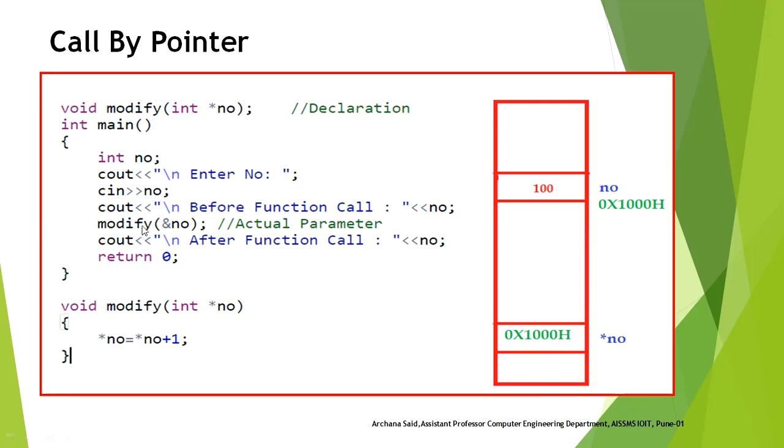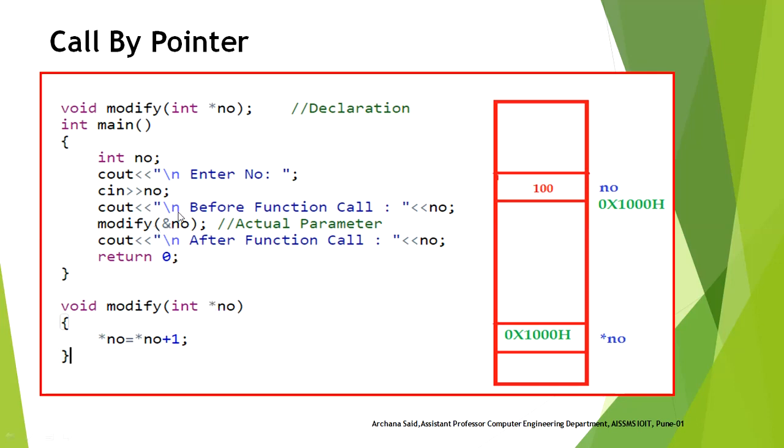The function is called by using the address operator, because in the function definition we have used call by pointer. Whenever we call any function by call by pointer, we need to pass its address, and to hold the addresses the pointer variables are used.